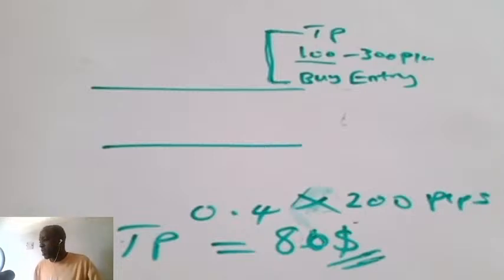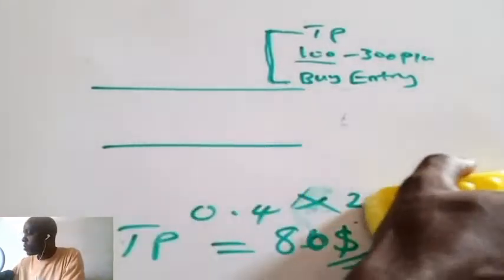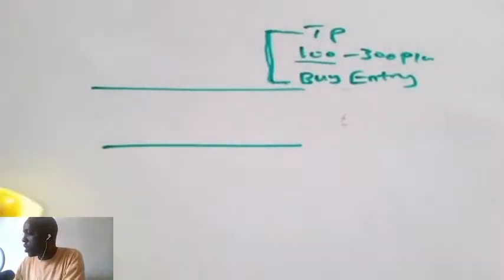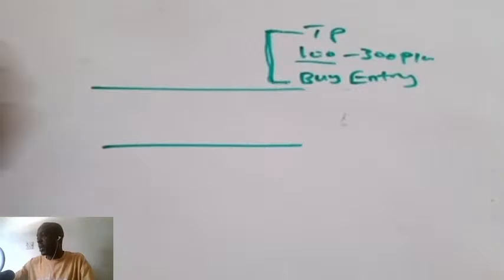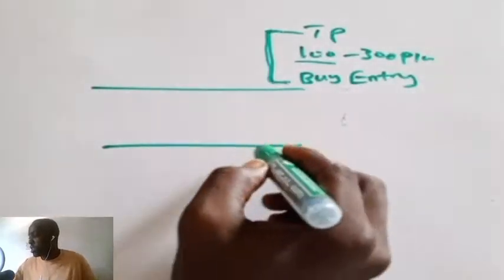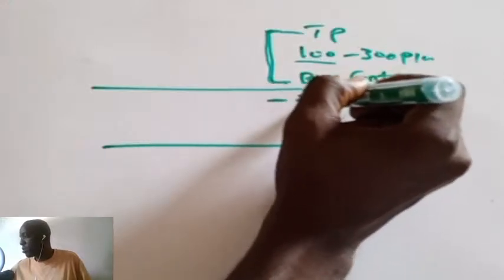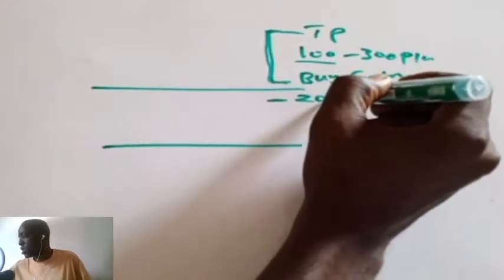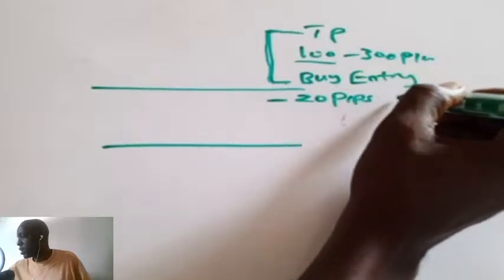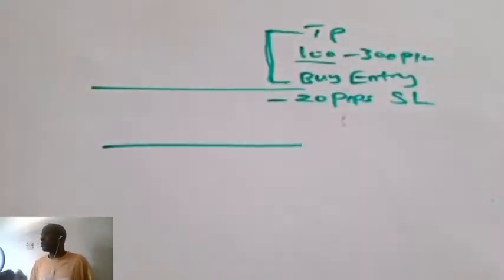So the question now, so we already have this, that's the buy entry. So we do the same, then the stop loss here will be around here, 20 pips stop loss, SL.